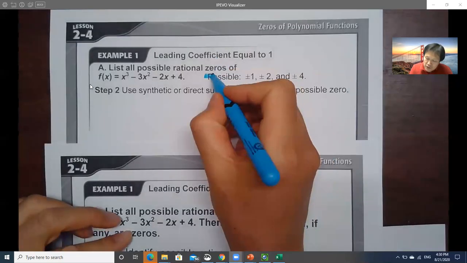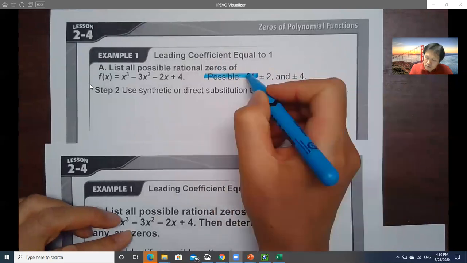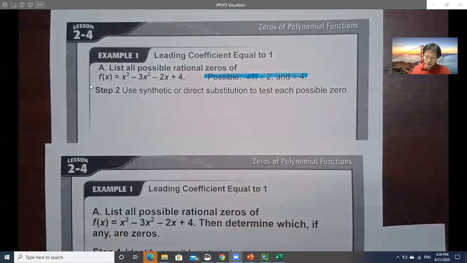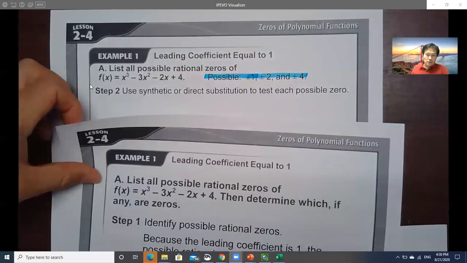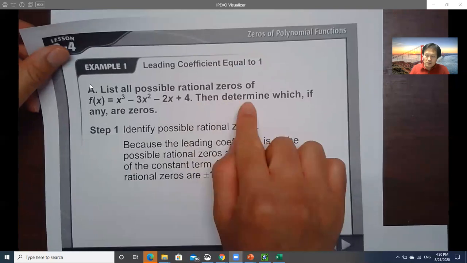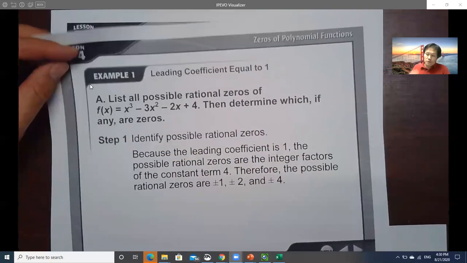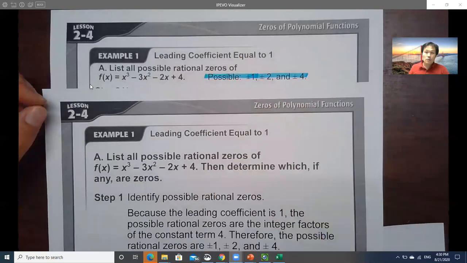Possible rational zeros are plus minus 1, plus minus 2, plus minus 4. Now the second part of the question: determine which, if any, are zeros. There are 6 possibilities. Which of them is an actual zero?